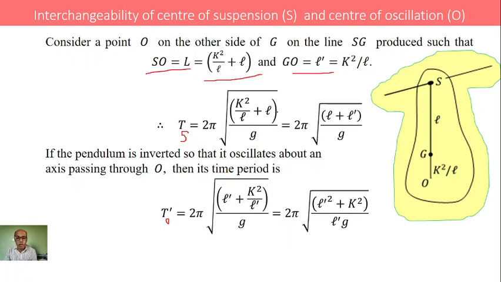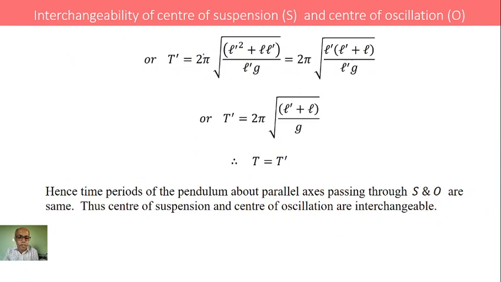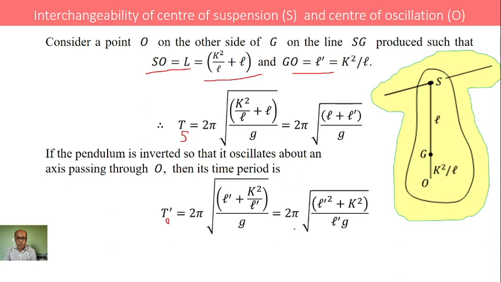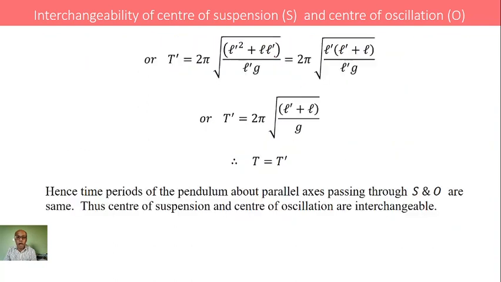Here also we are taking L as L dash, right? Therefore that will become equal to 2 pi into root of (L dash square plus k square) whole divided by L dash into g. Now rewriting, we get T dash equal to 2 pi into root of L dash square plus k square, and from this relation k square will be equal to L dash L. Therefore instead of k square I have written L dash L, whole divided by L dash g.